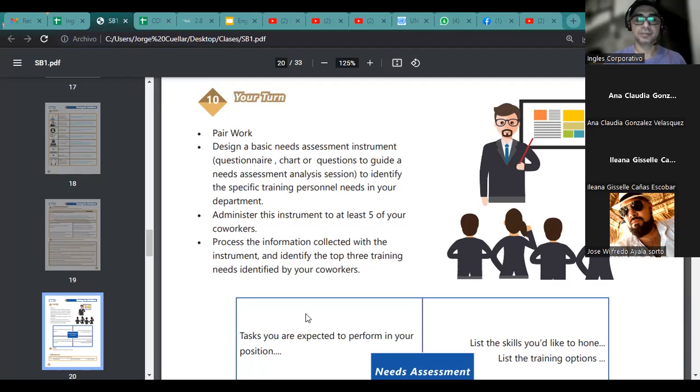So it's really good because, like the video said, it isn't our native language, but now we know a lot about that language. So it's really good. Perfect.